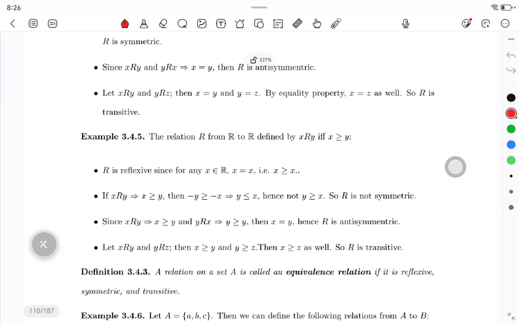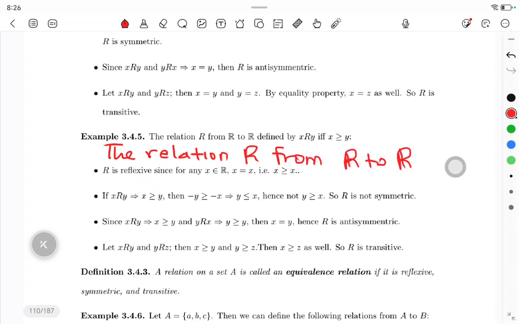So now we have this one where they say that x is greater or equal to y. So I can now explain this. We say that the relation R from R to R is defined on real numbers.